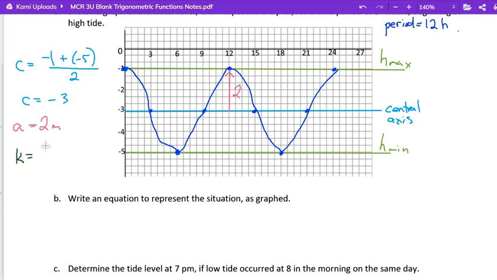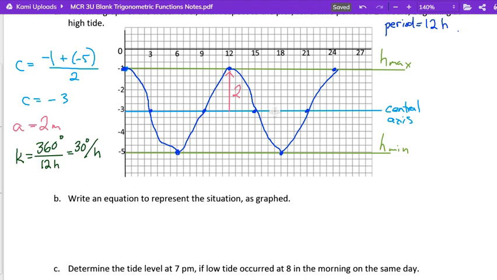So K, we use the same formula, 360 degrees divided by the period, divided by 12 hours. And that gives us 30 degrees per hour.